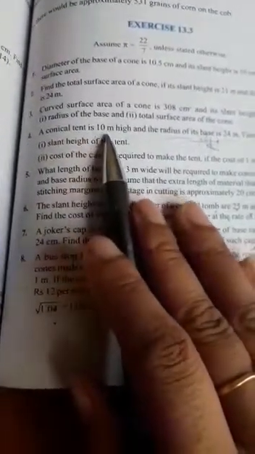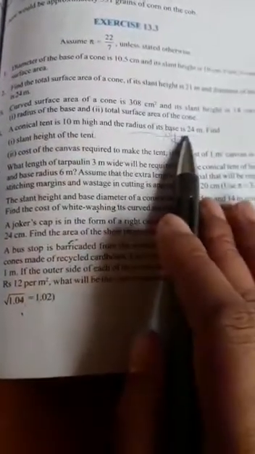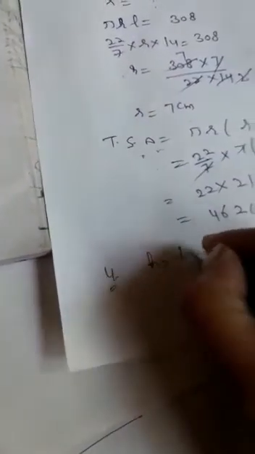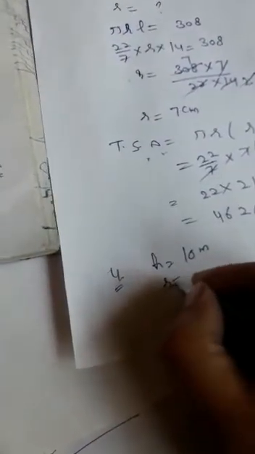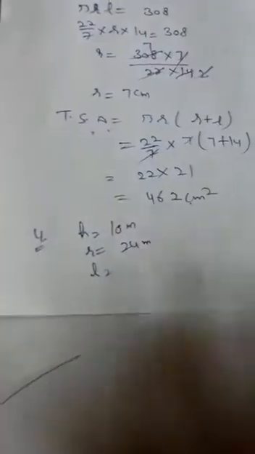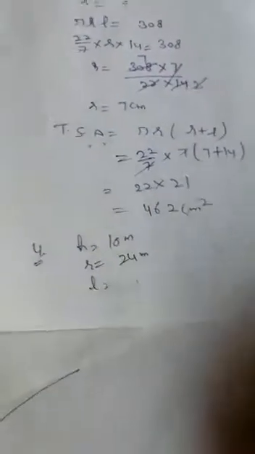Then next, question number 4: a conical tent is 10 meter high and its radius is given as 24 meter. We have to find the slant height. Now here we will simply apply the Pythagoras theorem. As here h is 10 meter and r is 24 meter, we have to find its slant height. You know, I have already told you in the formulas that L is square root of h square plus r square.